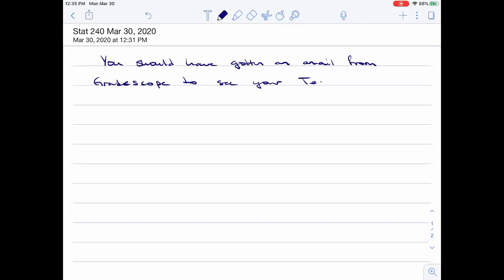Kind of alternatives. But one thing, I finally marked your test 2, so you should have gotten an email from Gradescope to see your test 2.